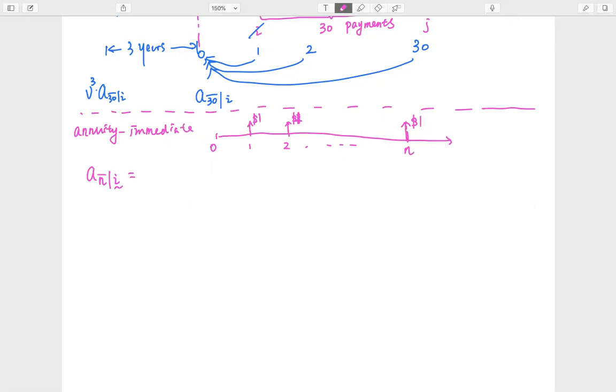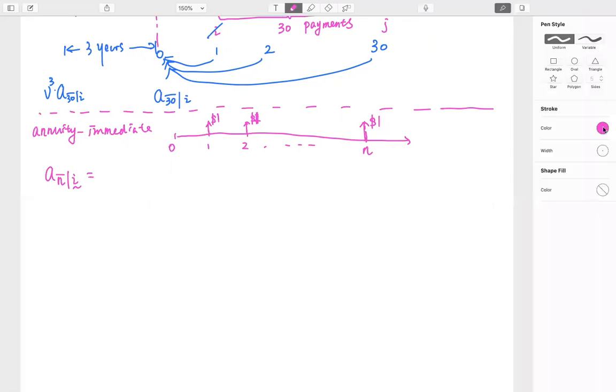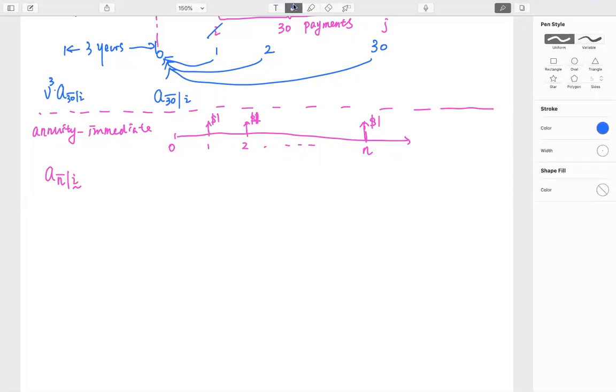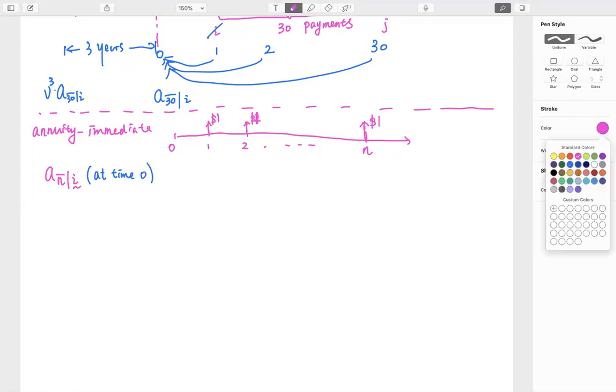Now let me stress, this present value is in fact at time 0. So this is always at time 0. In order to convert all the payments to the same point, I need to do proper discounting.